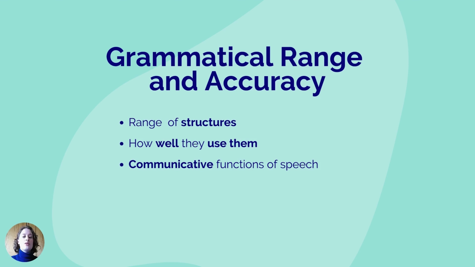Today, I will focus on the marking criteria for grammatical range and accuracy. This refers to the candidate's ability to use a range of structures and how well they use them. As well as the rules of language, this criteria considers the communicative functions of speech.